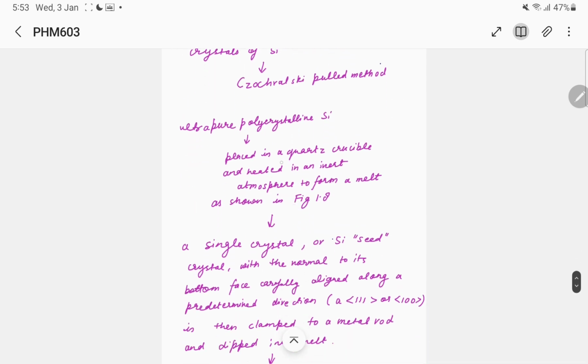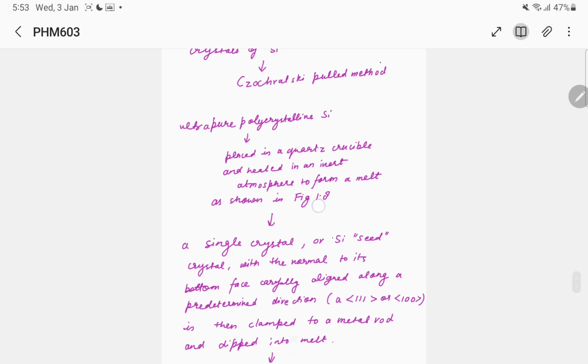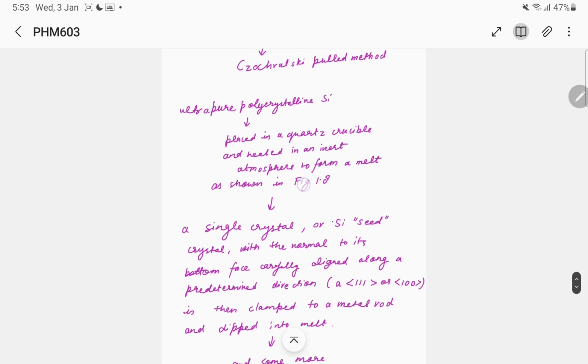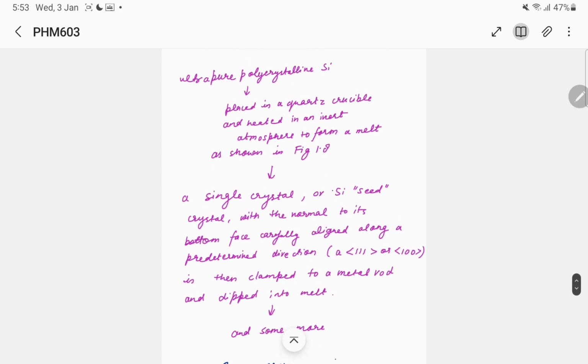Now we place it in a quartz crucible and heat it in an inert atmosphere to form a melt, as shown in figure 1.8. Figure 1.8 is in the book, and it is very clear.